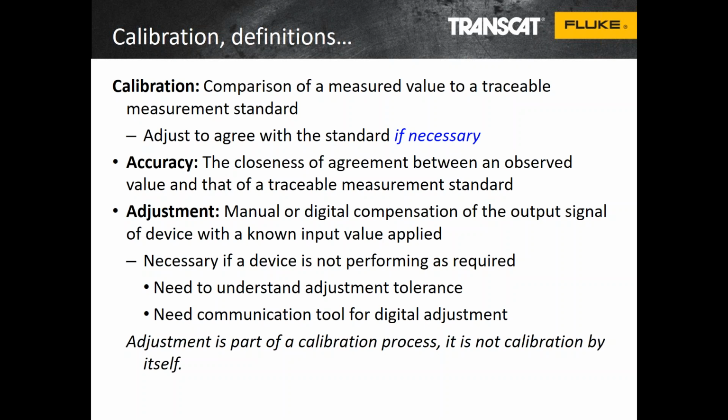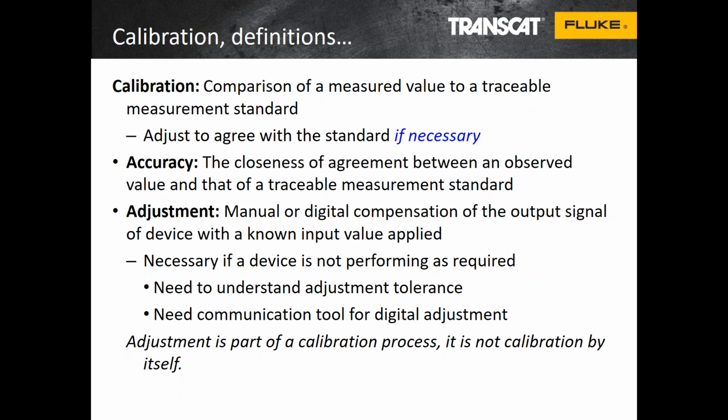Accuracy is the closeness of agreement between an observed value and that of the traceable measurement standard. Adjustment, of course, is manual or digital compensation of the output signal of a device with a known input signal applied. Necessary if a device is not performing as required. Not necessary if the device is performing within its expected tolerance.